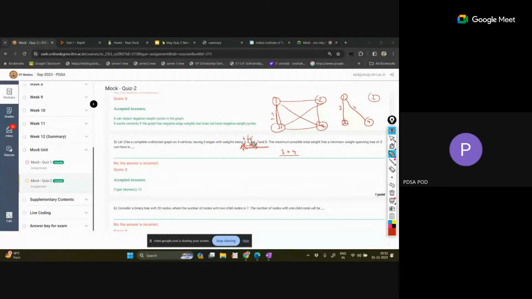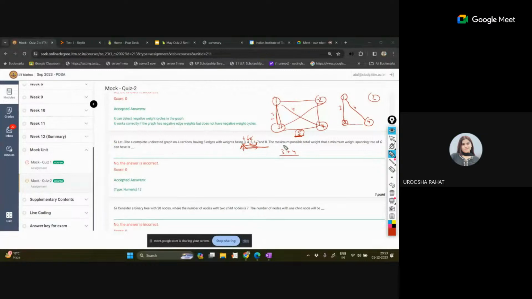There is a chance this 5 creates a cycle if it comes between the 2 previously selected edges, 3 and 4. Suppose I put 3 and 4 here in the original graph, and this 5 comes on this edge. Then this edge will not be selected in the MST because it creates a cycle between 1-3 and 1-4.